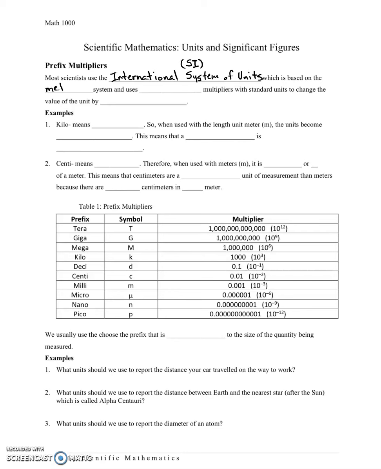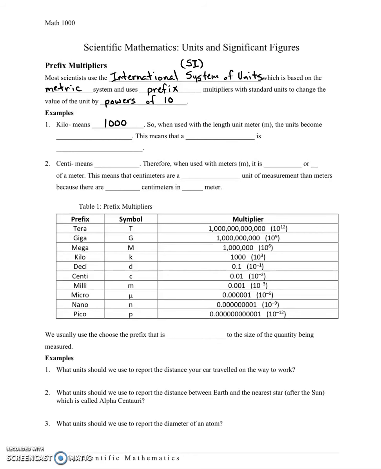As I said, it's based on the metric system, so not miles and pounds and gallons like we're used to, but liters and grams and kilograms and kilometers. And it uses what we call prefix multipliers with the standard metric units to change the value of the unit by powers of 10. So, for example, kilo means 1,000.